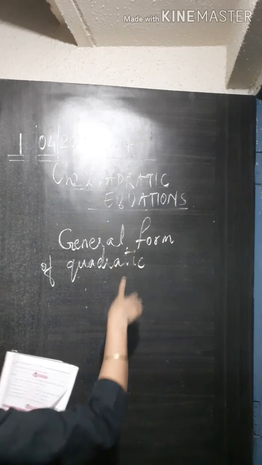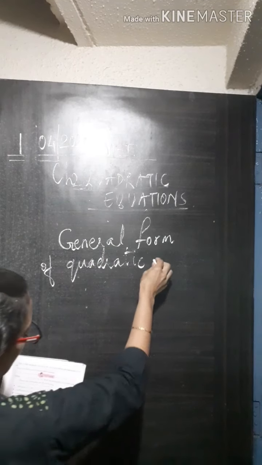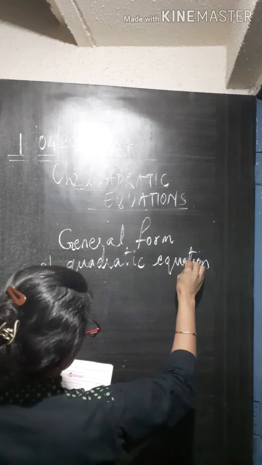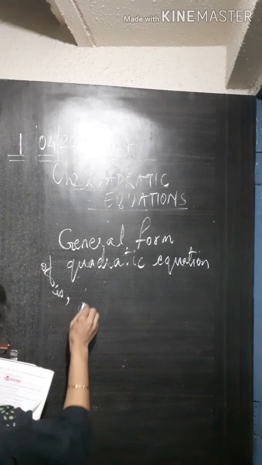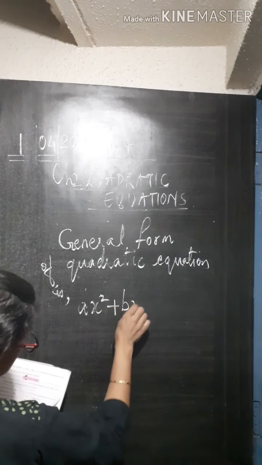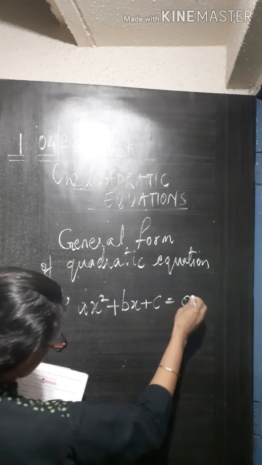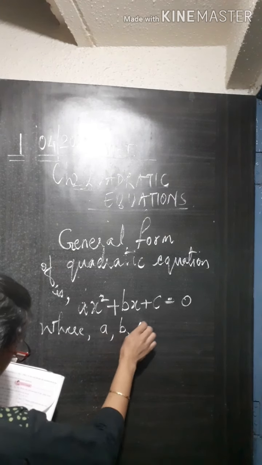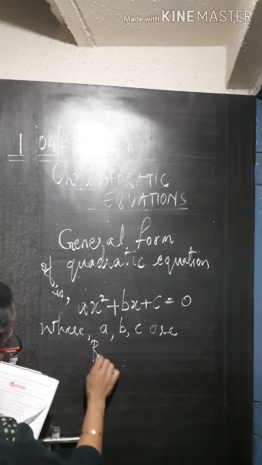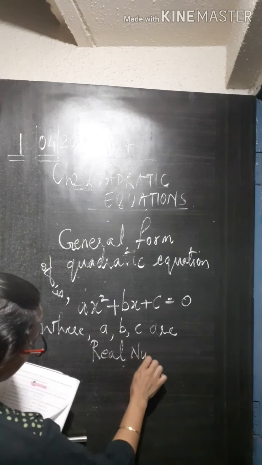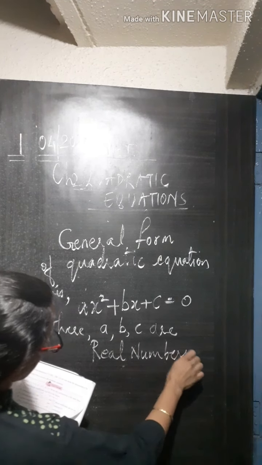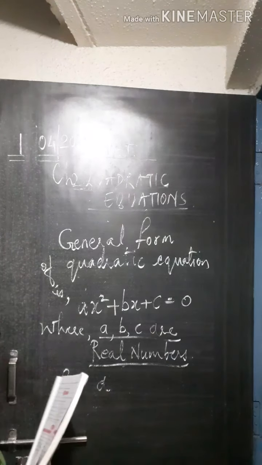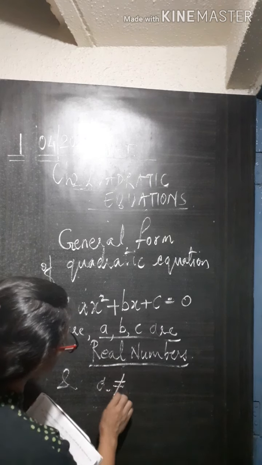Under the definition, this I want you to add, okay? General form of quadratic equation is ax square plus bx plus c equal to 0, where a, b, c are real numbers, and another important condition is a is not equal to 0.